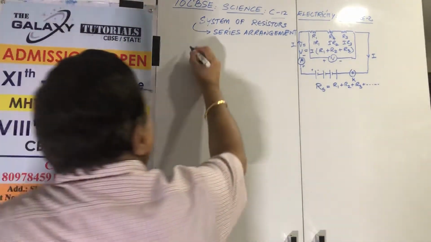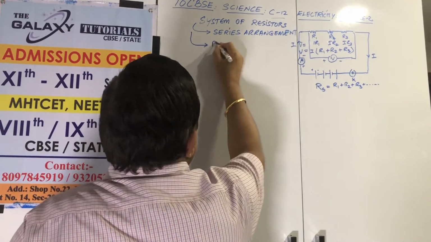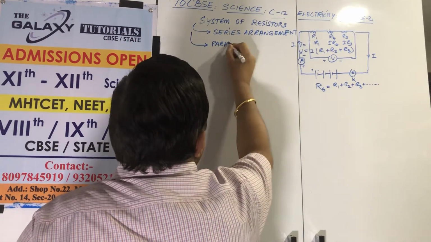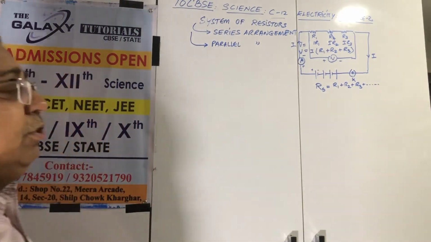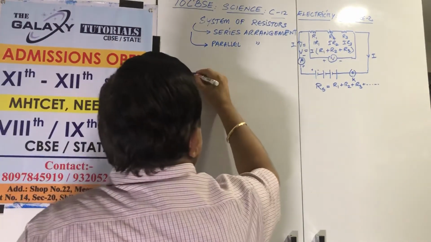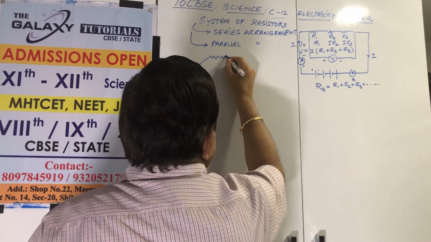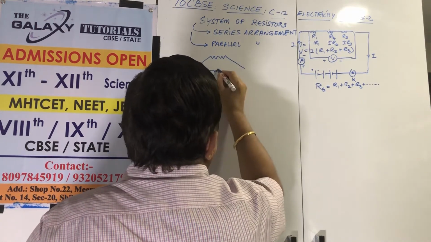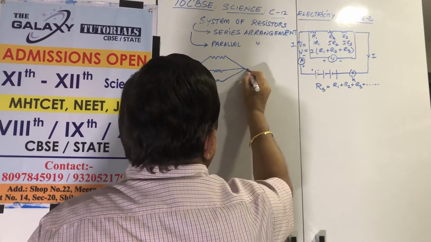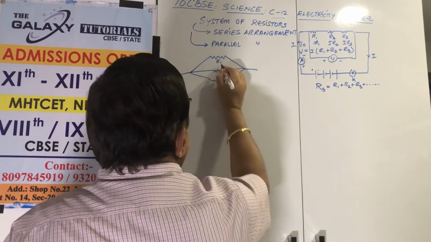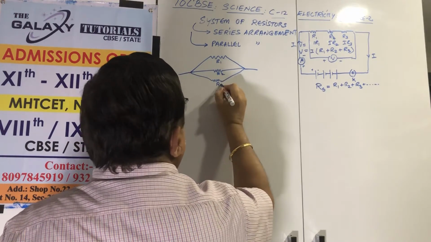Second, we have the parallel arrangement, with resistances arranged in parallel. In this, my friends, it looks like this: R1, R2, R3.